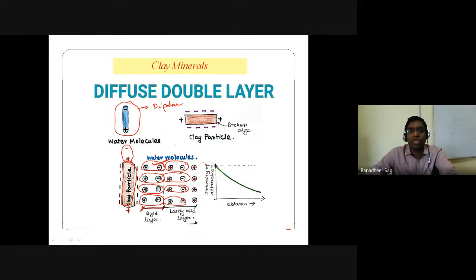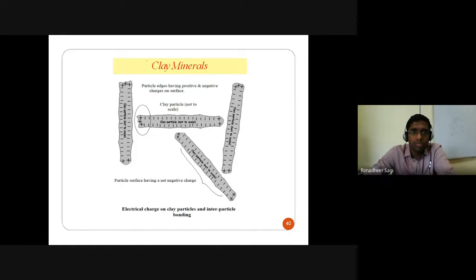As you look at the position of a water particle relatively far away from your clay particle, the effect of the force of attraction of the clay particle on that water particle is going to decrease with the distance at which it exists from the clay particle. So this is typically what is called your clay particle, which carries a net negative charge on the surfaces and positive charge on its edges.